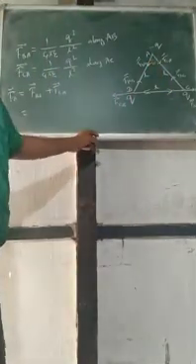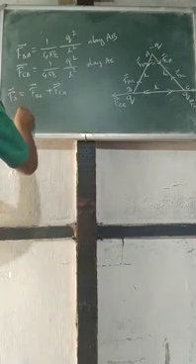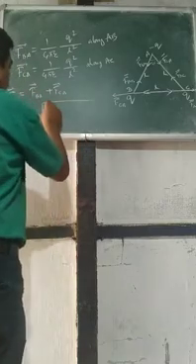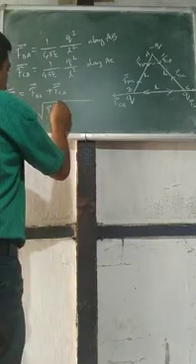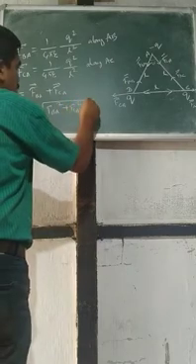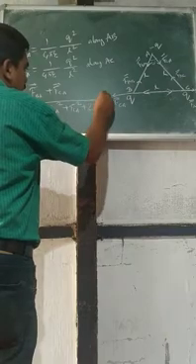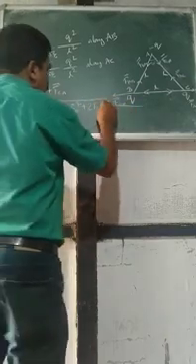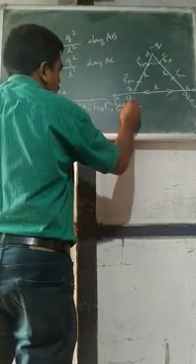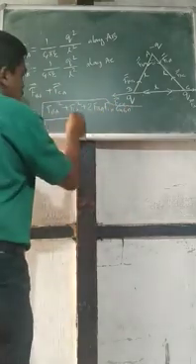So F_A vector, F_A, equal to square root of F_BA square plus F_CA square plus 2 F_BA F_CA cos 60 degree. These two values are the same.